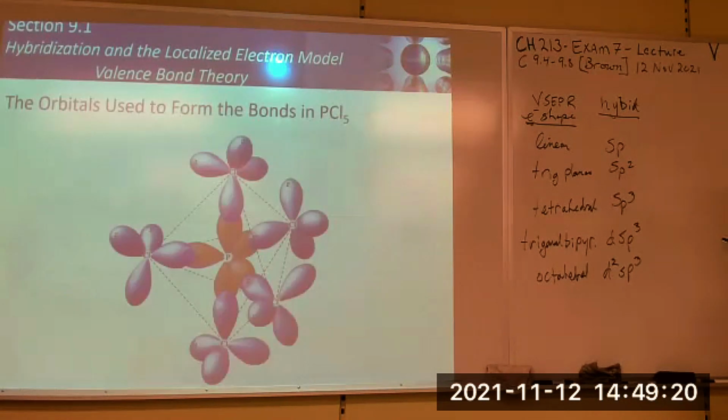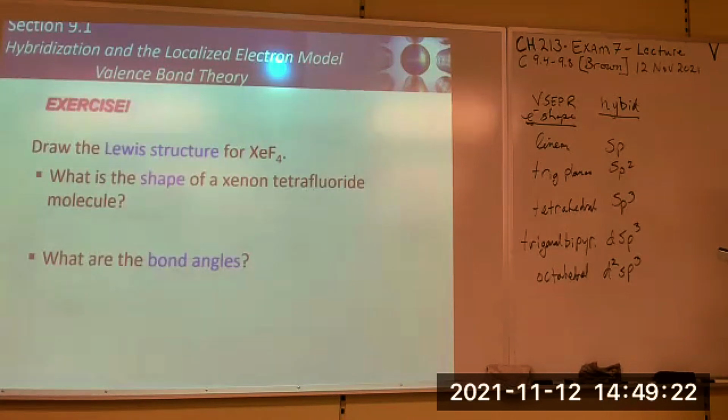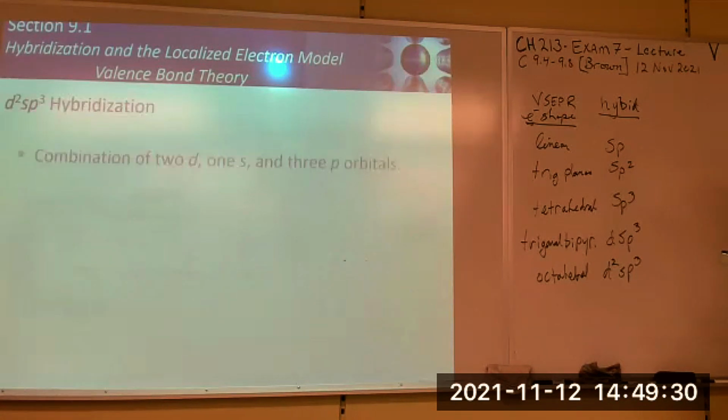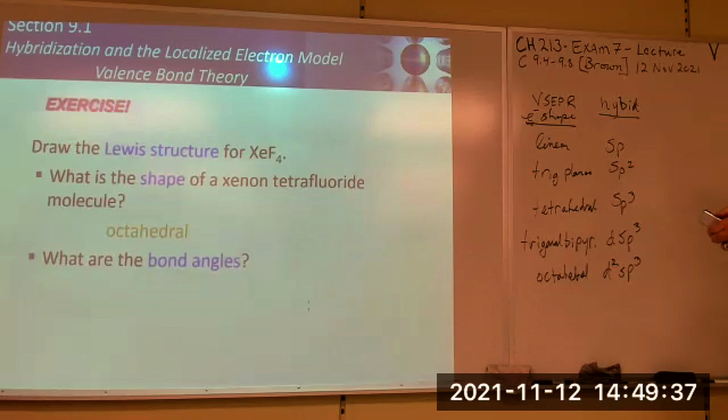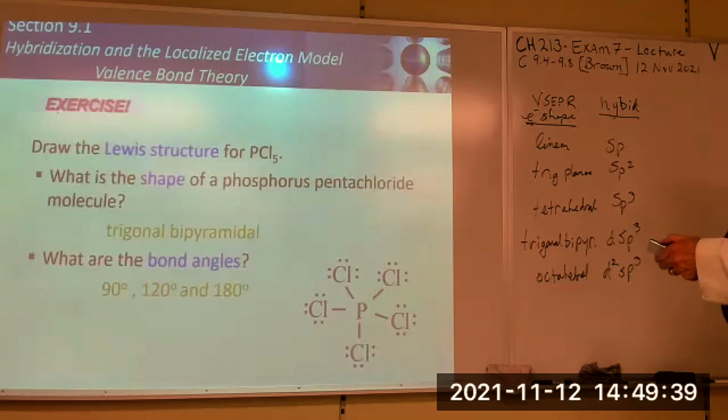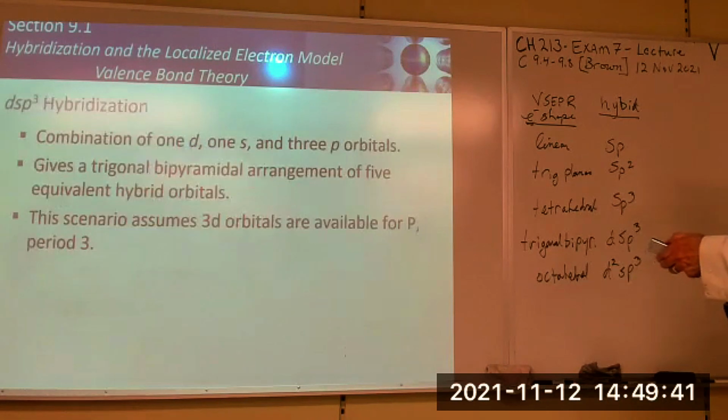It didn't tell us the hybridization. Maybe it's coming. And here's your octahedral. Oh, we skipped the dsp3. Or did I bump it and go past it? Yeah, I did. Sorry. There it is.